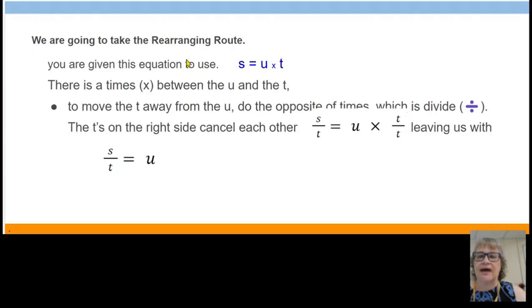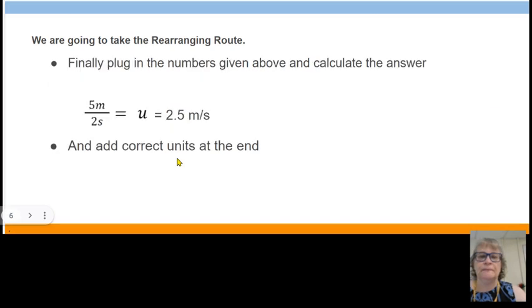When I do that, I end up with s divided by t equals u, and then the t's cancel, right? So now I have s divided by t equals u. Now I have u by itself. I can just put the numbers in and then do what it says to do.